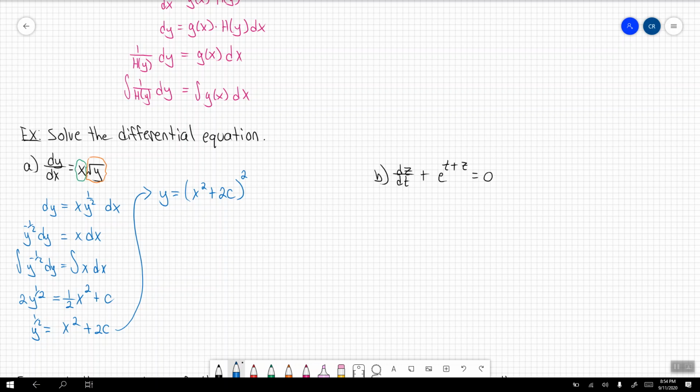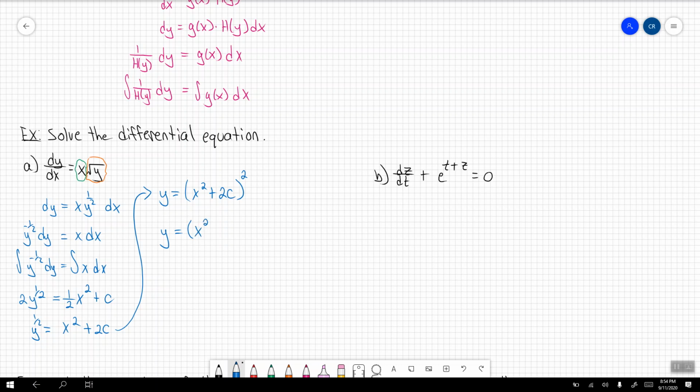Great. Now at this point we can replace a constant here, because notice we have 2 times a constant. Well, 2 times a constant is just going to be another constant itself. So I just want to denote that we have one singular constant with no coefficient in front of it.